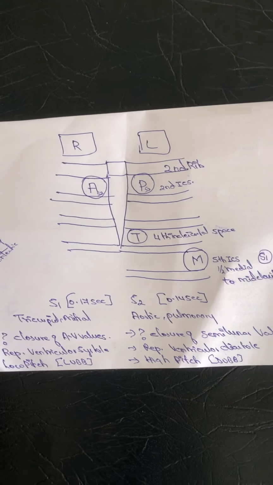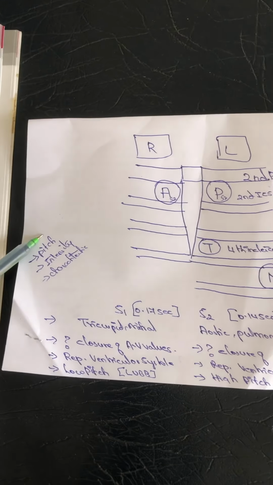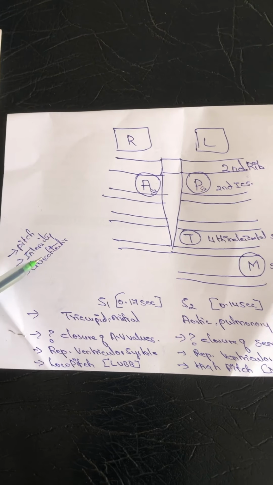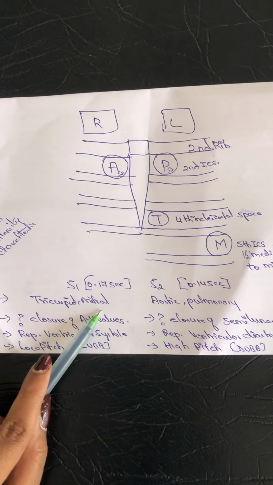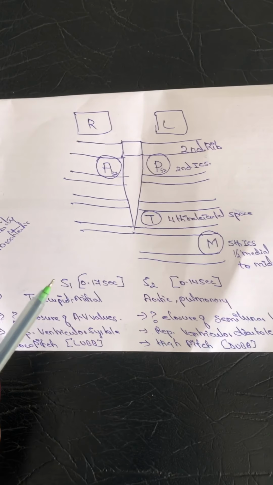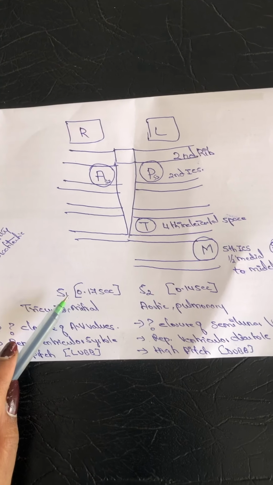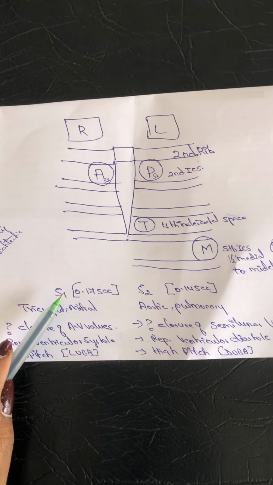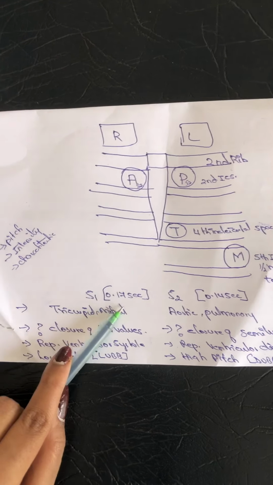What do you look for when you listen to the heart sounds? You will be looking for the pitch, the intensity, and the characteristics. This will differentiate whether the heart sound is S1 or S2. The S1 corresponds to the pulsation of the carotid artery, which will be shown with the demonstration. The duration of S1 is 0.1 second.